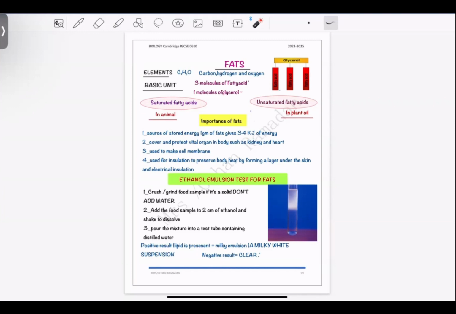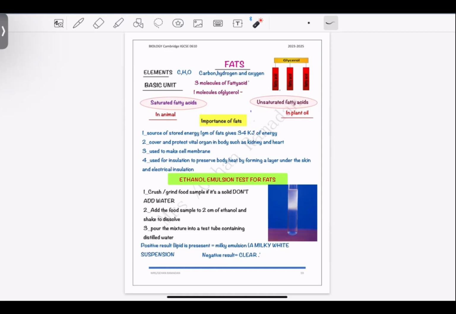As I told you again, in the case of fats, we have to crush the food directly with the ethanol without adding water. And when we get the clear filtrate from it, then we're going to add the water.